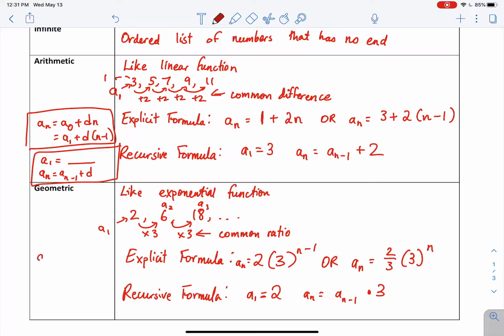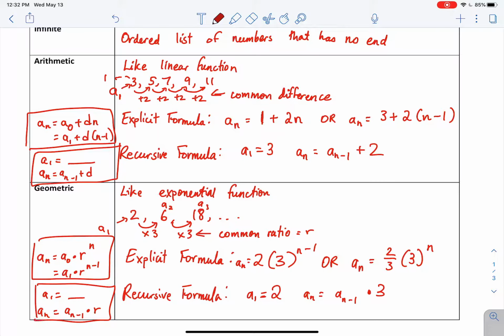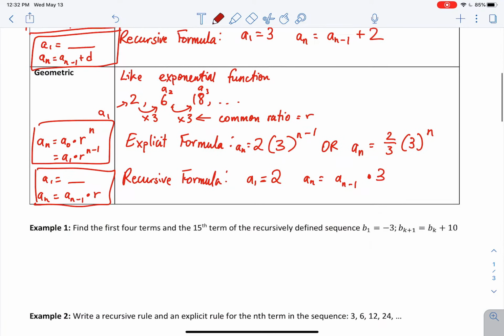And for geometric, you can do a sub 0 times, common ratio is usually r, so r to the n, or a sub 1 times r to the n minus 1, that's the explicit. Or for recursive, you tell me what a sub 1 is, and then a sub n minus 1 times r. So those are the basic things for sequences that you need to know.